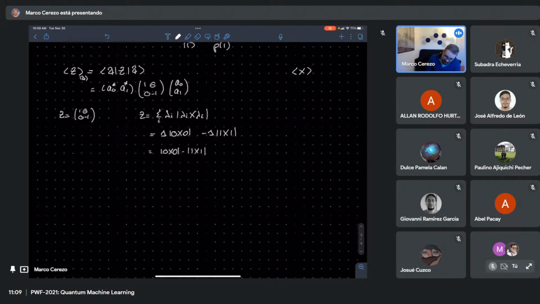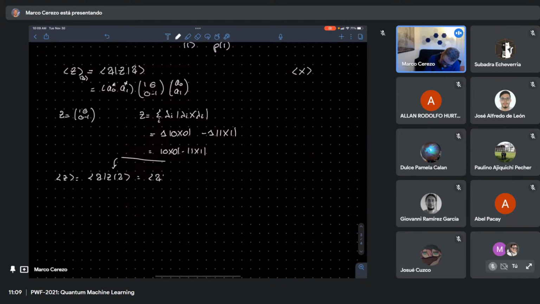And now let's think about what it means to compute the expectation value of Z, right? We said that we have to take this inner product, ⟨ψ|Z|ψ⟩, and let's just replace this equation right here. What are we going to get? We're going to get ⟨ψ|(|0⟩⟨0| minus |1⟩⟨1|)|ψ⟩.